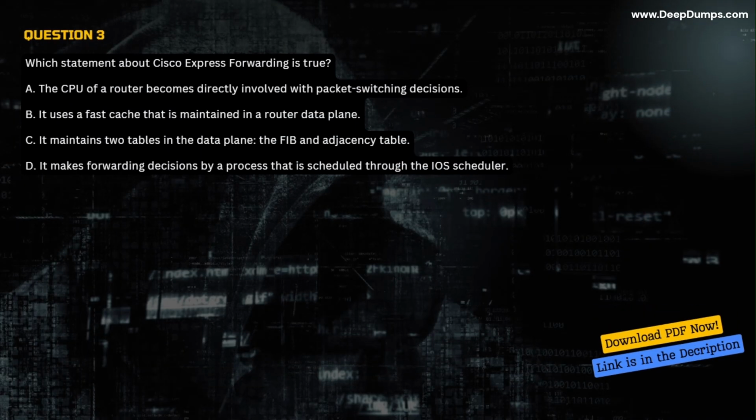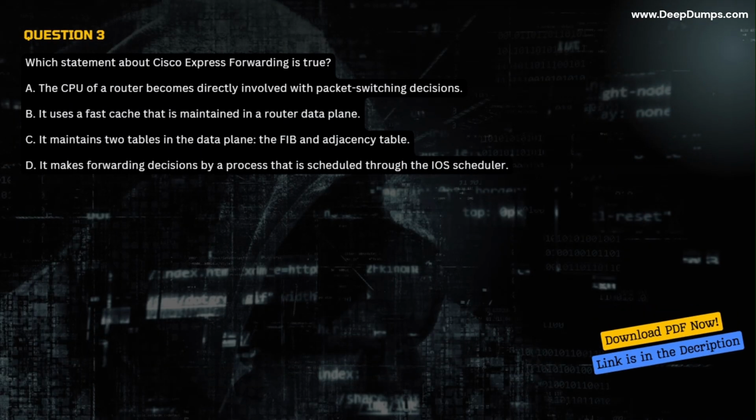Question 3. Which statement about Cisco Express Forwarding is true? A. The CPU of a router becomes directly involved with packet switching decisions. B. It uses a fast cache that is maintained in a router data plane. C. It maintains two tables in the data plane, the FIB and adjacency table.